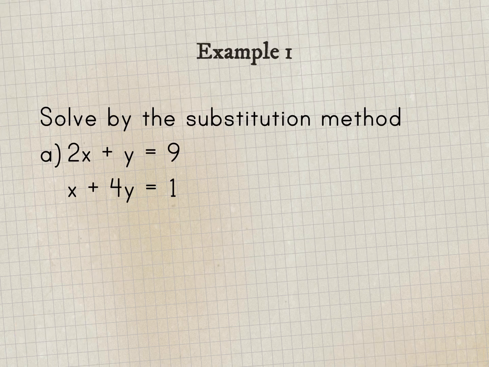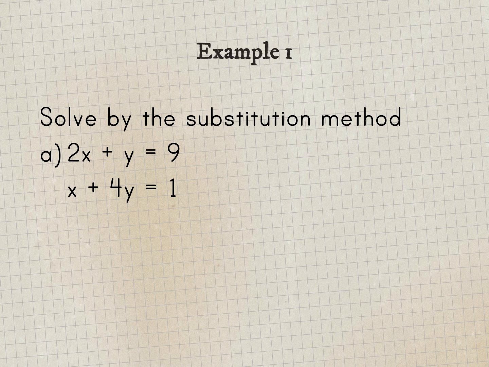Here we go. So here is the first one. Again, just like yesterday, we have two equations. The instructions are to take one of the equations and solve it for one of the variables. In this particular system, it wouldn't matter if I solved the first one for y or the second one for x. You can choose.